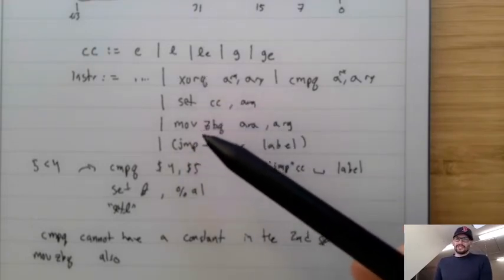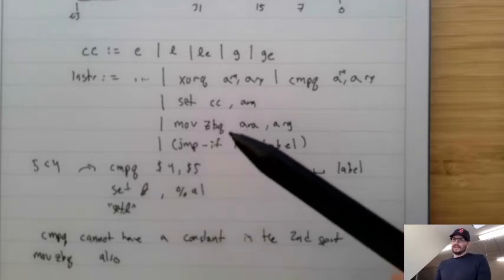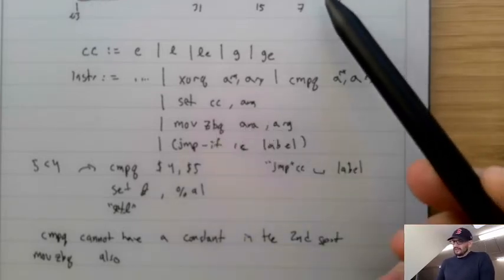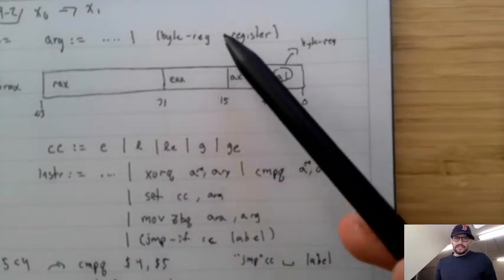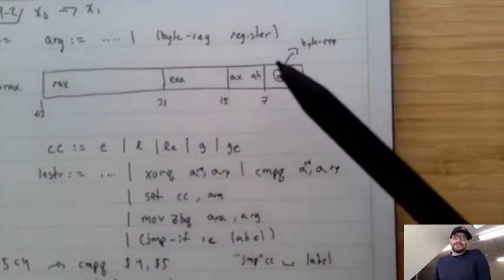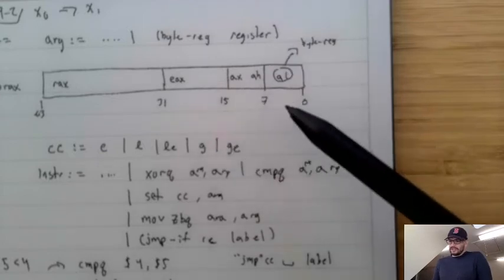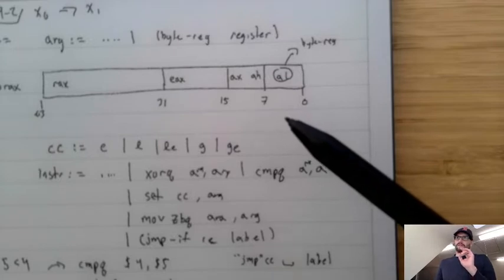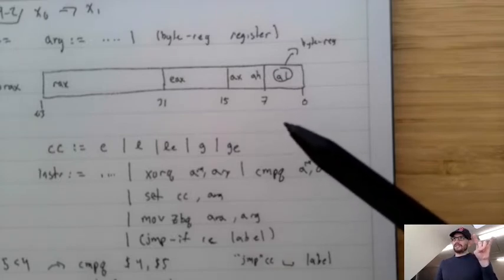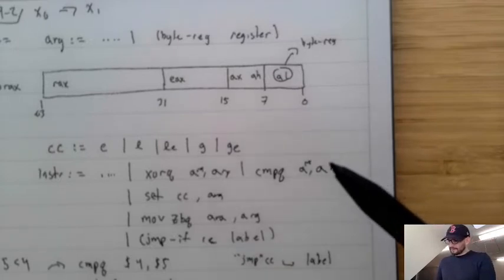Move ZBQ is essentially a no-op, by the way, if your language allows you. What you'll really do is you'll just make it so a byte register is the same thing as the register. If you wanted to be super accurate, moving something into a byte register would get rid of all the top bits, but probably this won't matter.